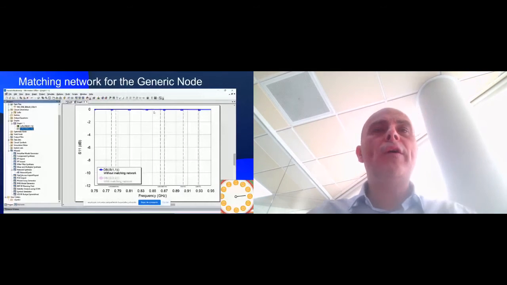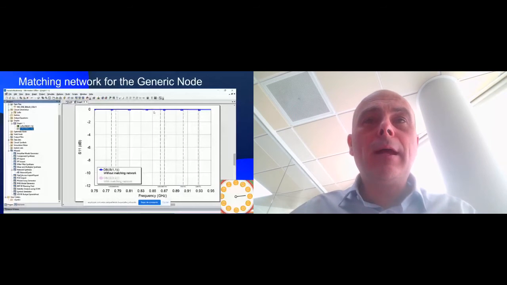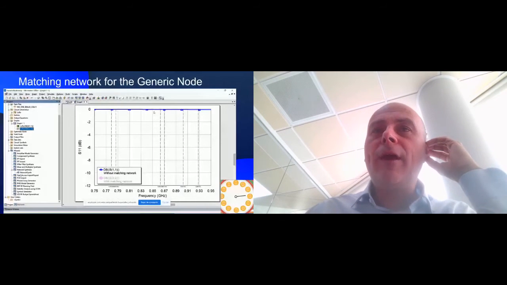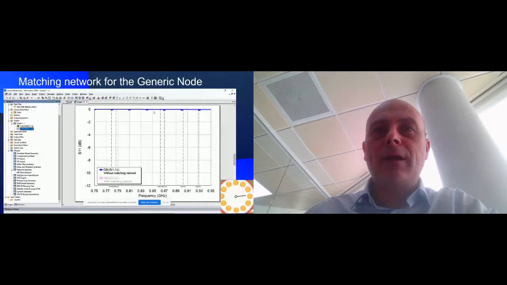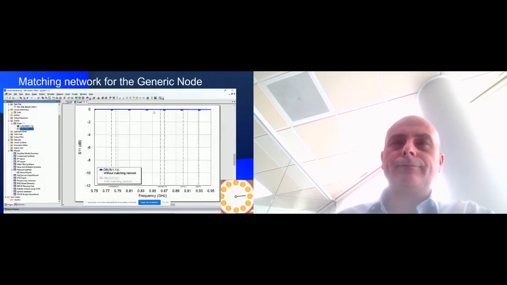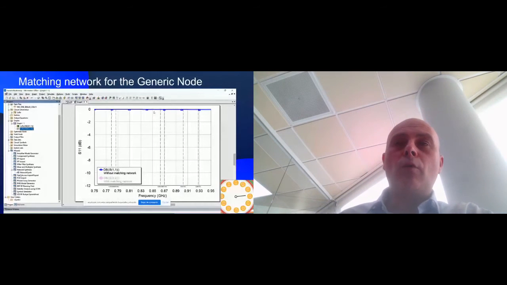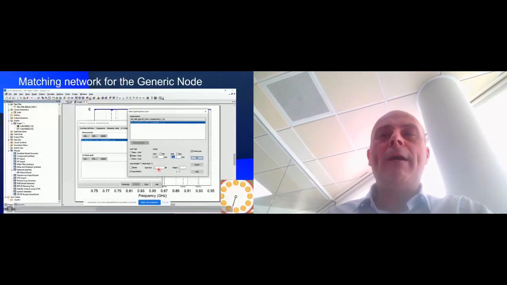And in this case, we define the goal. The goal is I want an S11 below minus 7 dBs, in this case, in the frequency range of LoRa in the European bands. So we specify the frequency range of LoRa, and the goal, which is the S11, we want the S11 to be below, if possible, below minus 7 dBs.